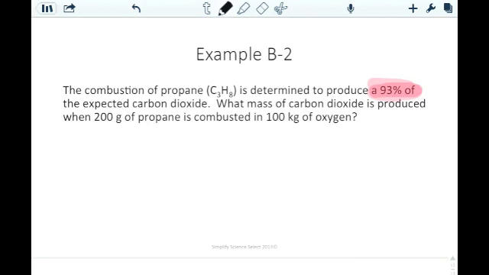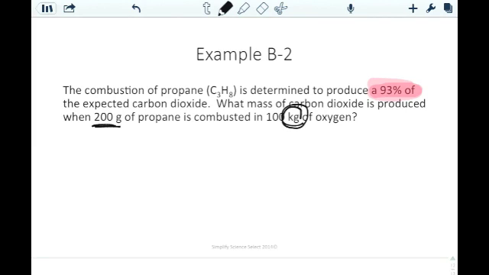Now, one thing I'd pay attention to: this is in kilograms, and it's a huge number. So we have not just 100 kilograms, we think of it as 100,000 grams of oxygen. If I have 100,000 grams of something and then something with only 200 grams, what do you think is going to be the limiting reactant? Well, obviously it's going to be our propane.